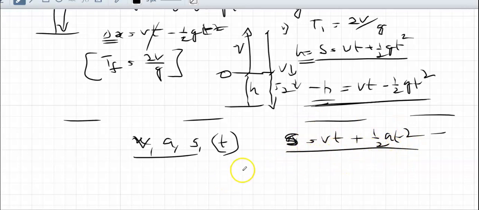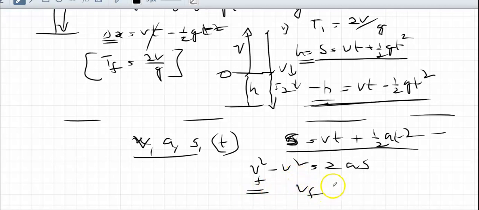So instead, what we could do is this. V final squared minus v initial squared is equal to 2as. From this we get v final, and once we get v final, v final minus v by a is t. So we get t. Here we are avoiding a quadratic equation, because taking the square root is simple.